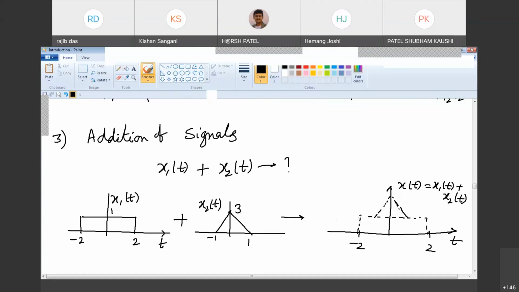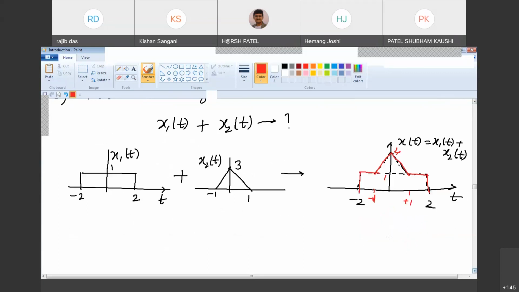So the resulting signal has maximum height 4, the height is 1 outside, and the points are -1 and +1. So it is very simple.